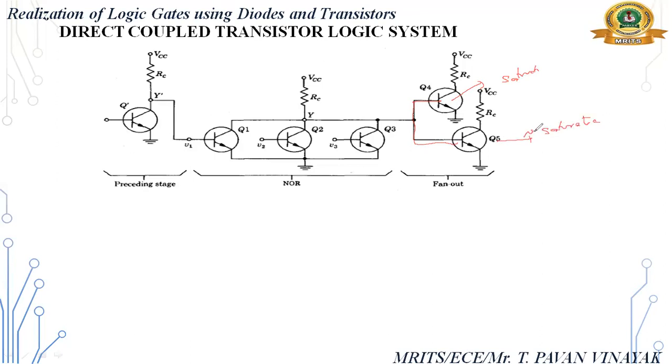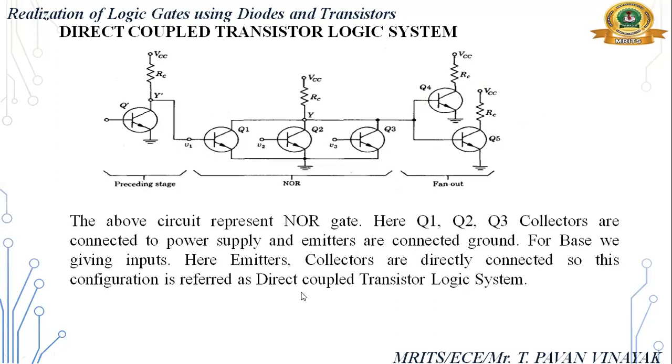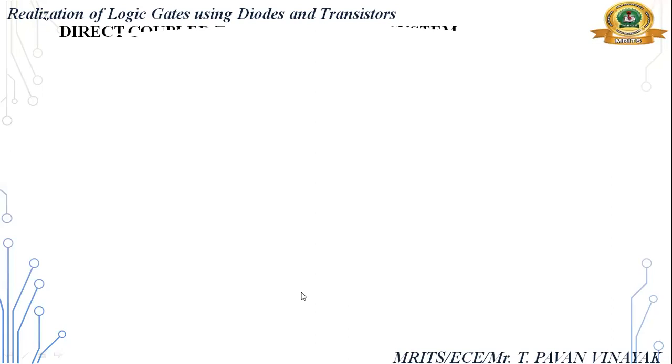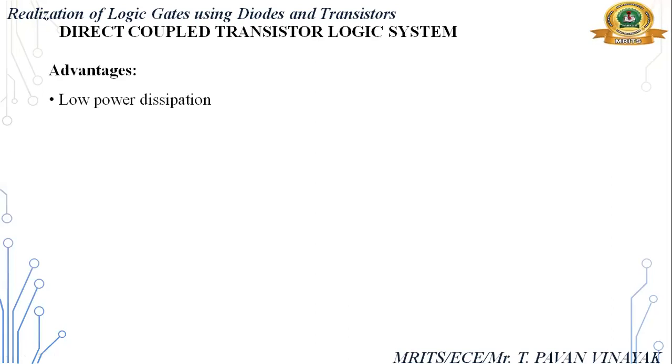Q4 opposes Q5, so Q5 does not enter into the saturation region. This effect is known as current hogging.